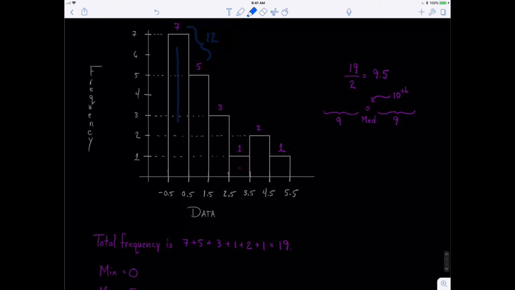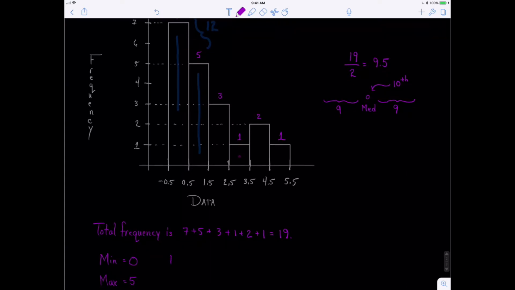In other words, the 10th value is one of the data values in this column. It's just a column of 1s, so we know the median must be 1. And I'm going to write that down here. We have the median, or Q2. The median is a 1.